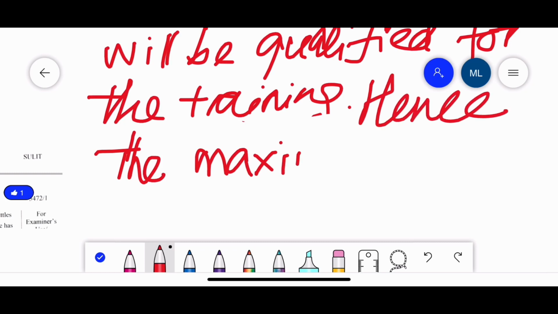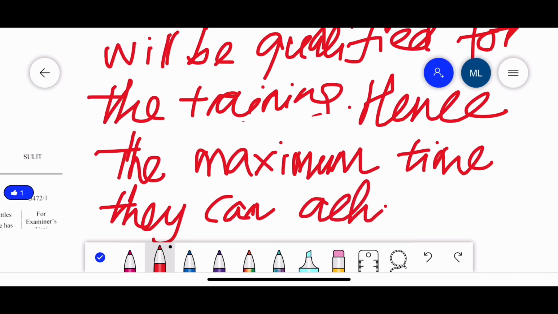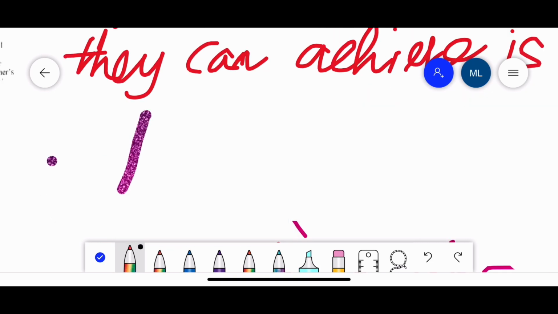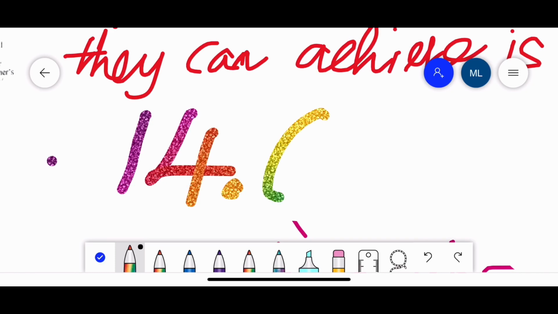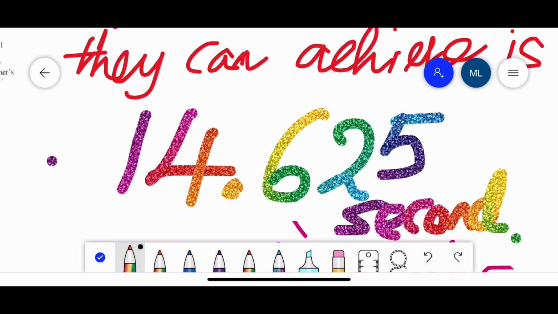So hence the maximum time for the athlete to achieve in order to qualify for the training program is, you have to write down the time. Just now you have found the first quartile, that is the answer. So the time they can achieve is 14.625 seconds, right?